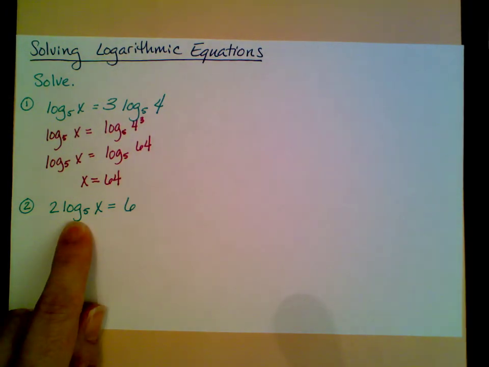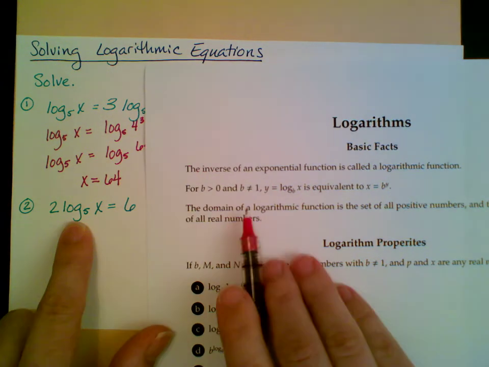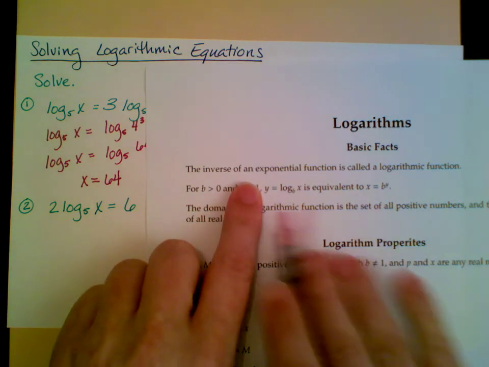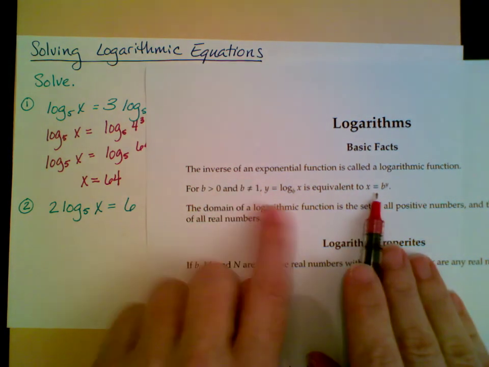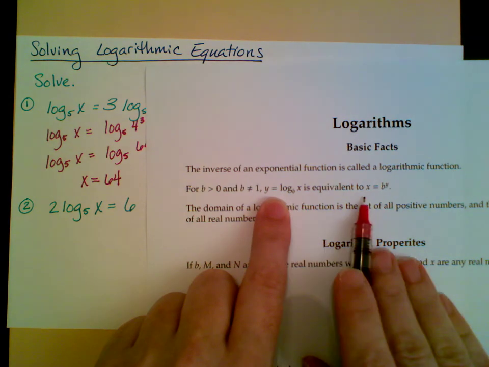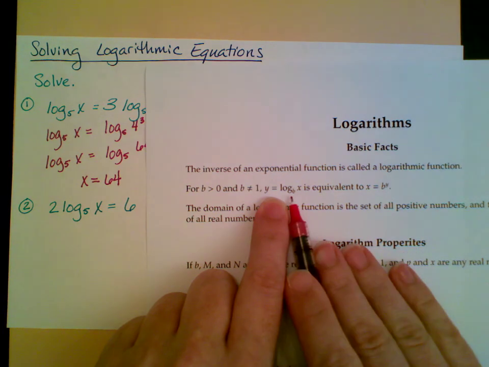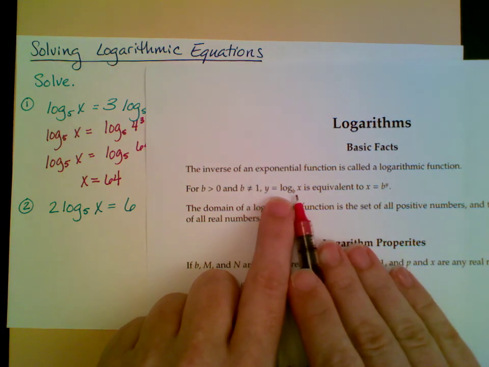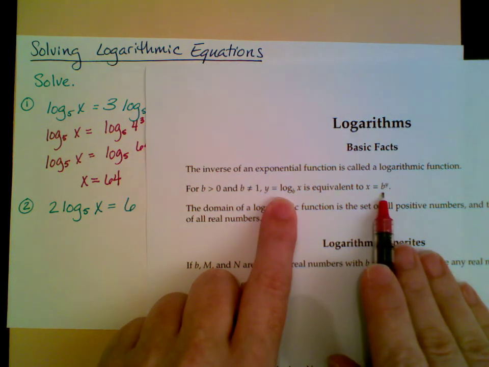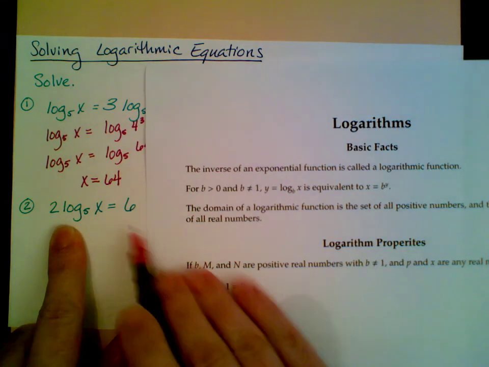However, if we go back to the logarithms reading, and under these basic facts, remember that y equals log base b of x is equivalent to x equals b to the y. So I can rewrite my expression that is in log form in exponential form, and that will frequently be helpful.